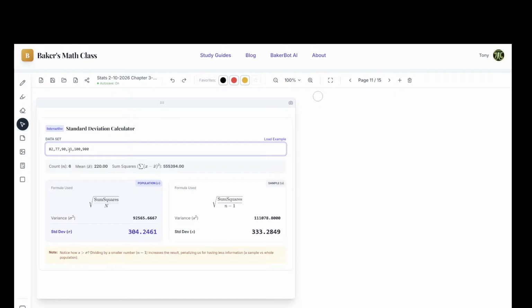If I added a 900 in there, it goes up even more, right? What if I balanced it out and I put a 1? So if I did 100 on one side and a 1 on the other side, that should balance it out, right? But it doesn't. Because those values are so far away from the mean value in the problem that it's a lot more varied. That variance is higher.